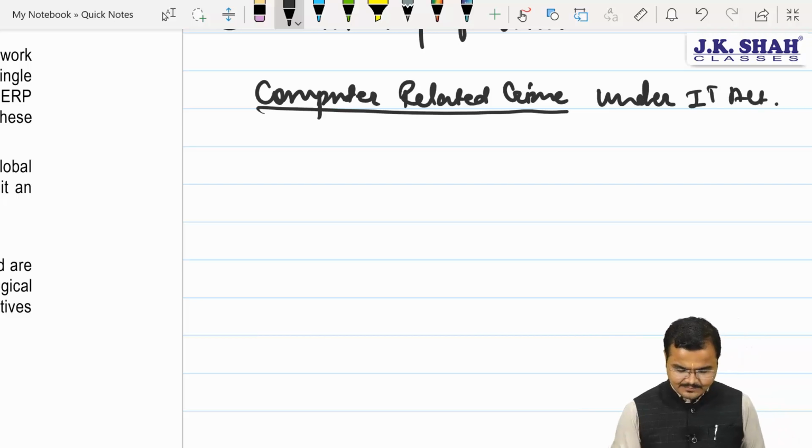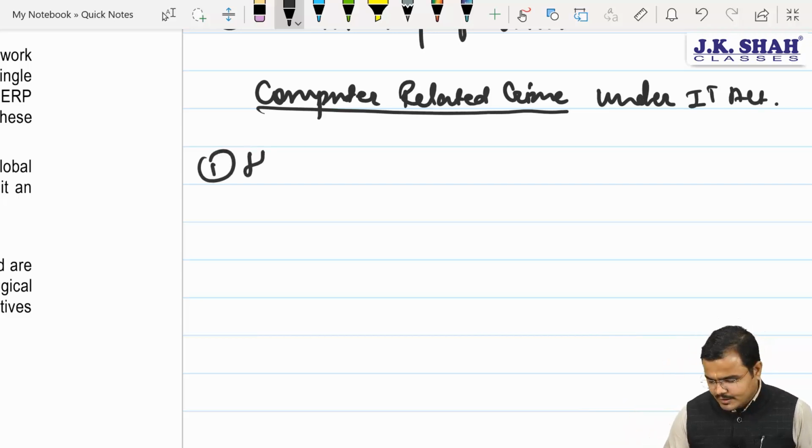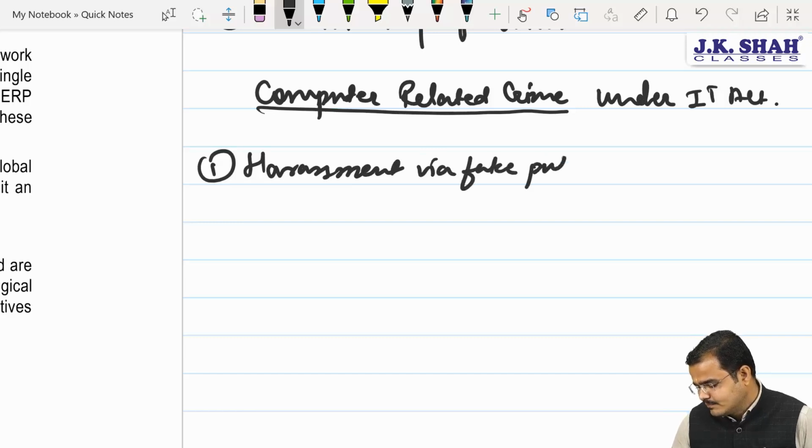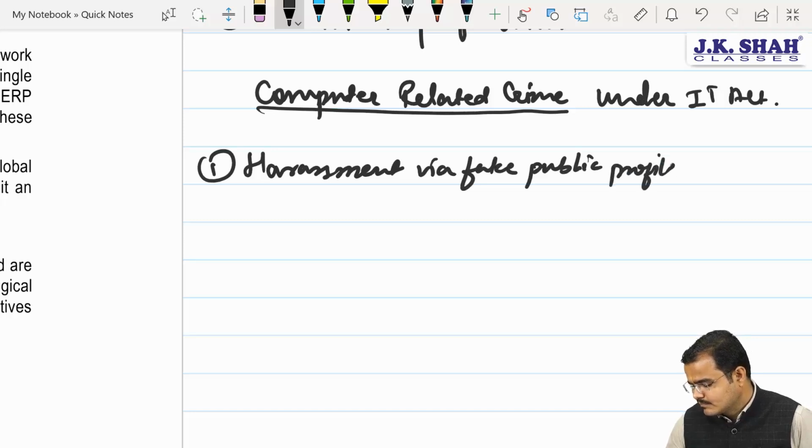Agree? Yes sir. Number one, chartered, very important one, is harassment via fake public profile on social networking sites.